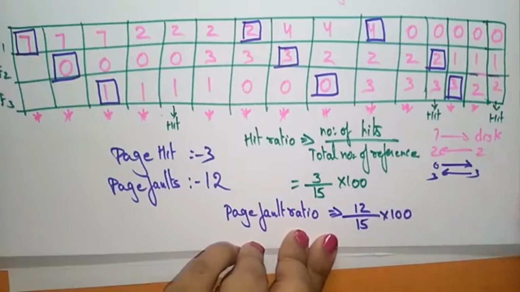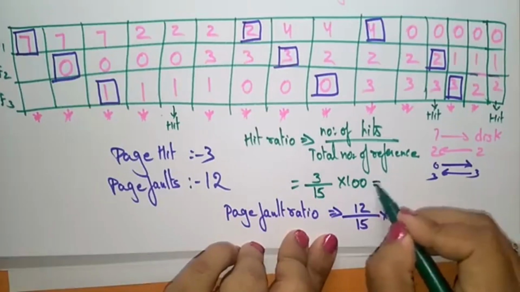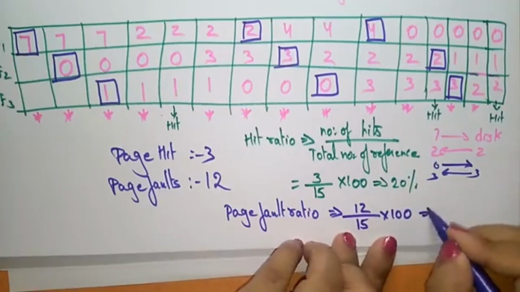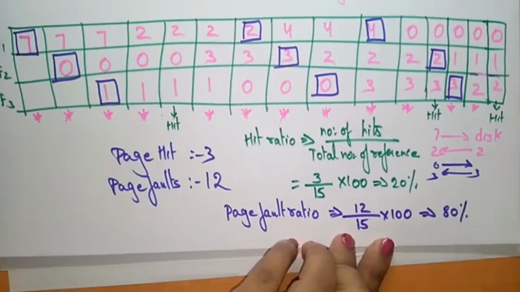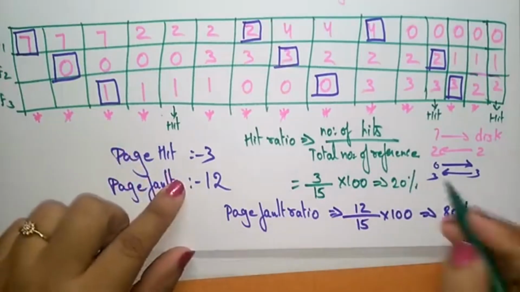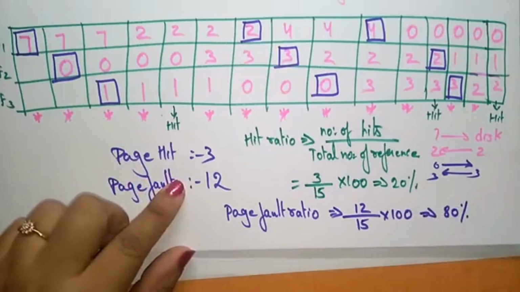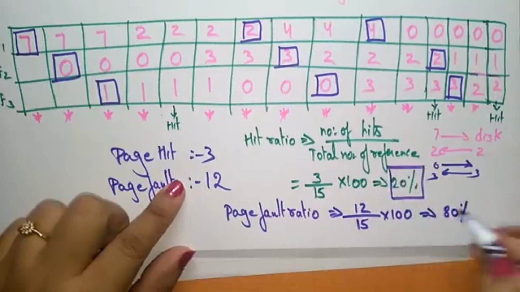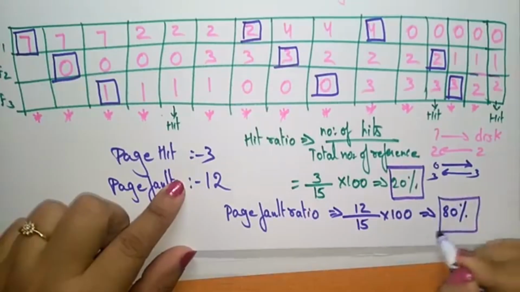So you will get approximately 20% hit ratio and approximately 80% fault ratio. So this FIFO algorithm is handling a 20% hit ratio and the fault ratio is 80%.